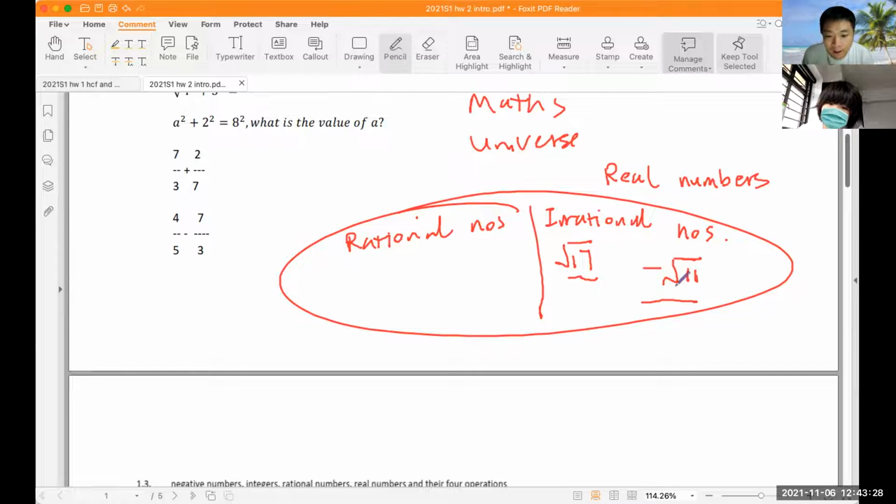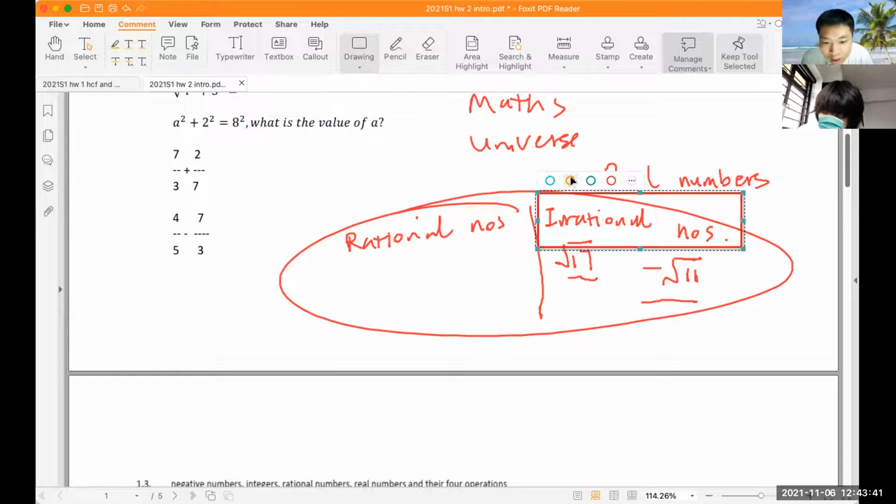For answers that do not have a definite answer, you need irrational numbers to represent them, which you have not encountered in P6. So when you ask me about answers that don't make sense, they fall into the irrational numbers universe.